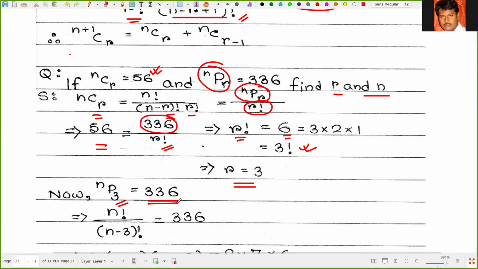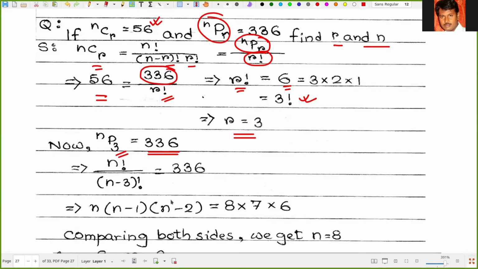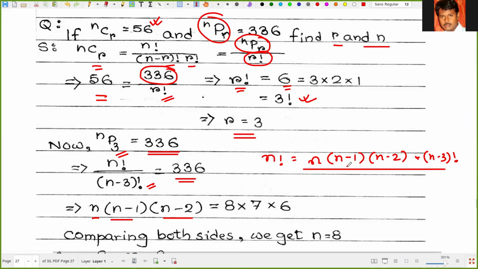Next, nP3 is equal to 336, given. So n factorial upon (n minus 3) factorial is 336. We can write n factorial as n into (n minus 1) into (n minus 2) into (n minus 3) factorial upon (n minus 3) factorial.